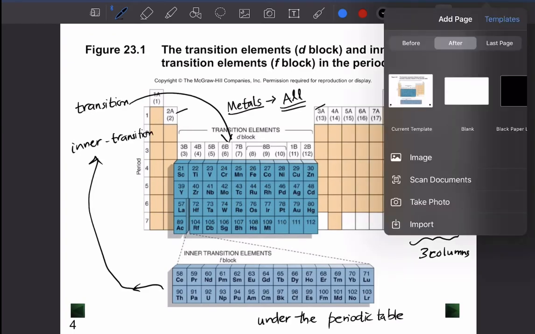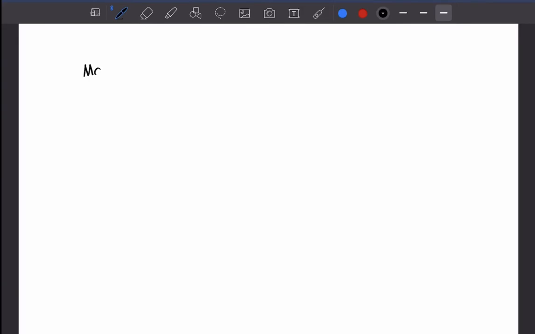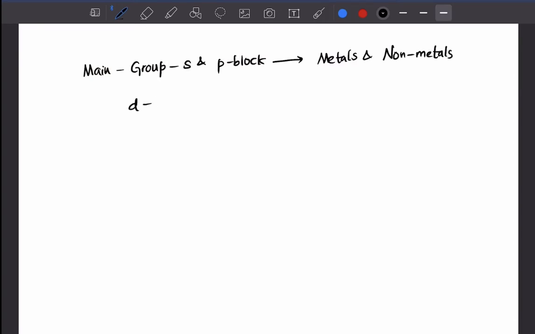The differentiating factor is that main group elements contain S and P block elements, which are sometimes metals and sometimes non-metals. But when it comes to D block and F block elements, these are completely metals.